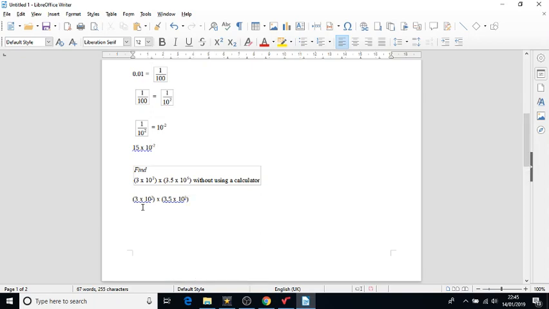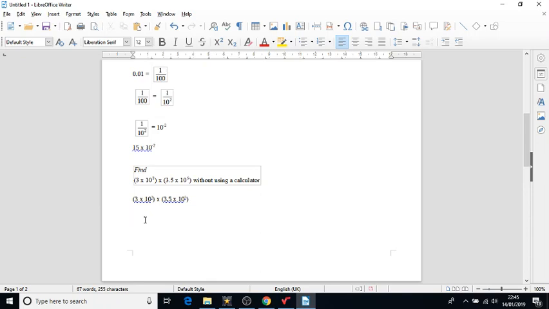Now, what do these two brackets both have in common? They both have 10 to the power of something. The first bracket has 10 to the power of 2. The second bracket has 10 to the power of 5. Now, if you see my video with simplifying expressions, here is similar.